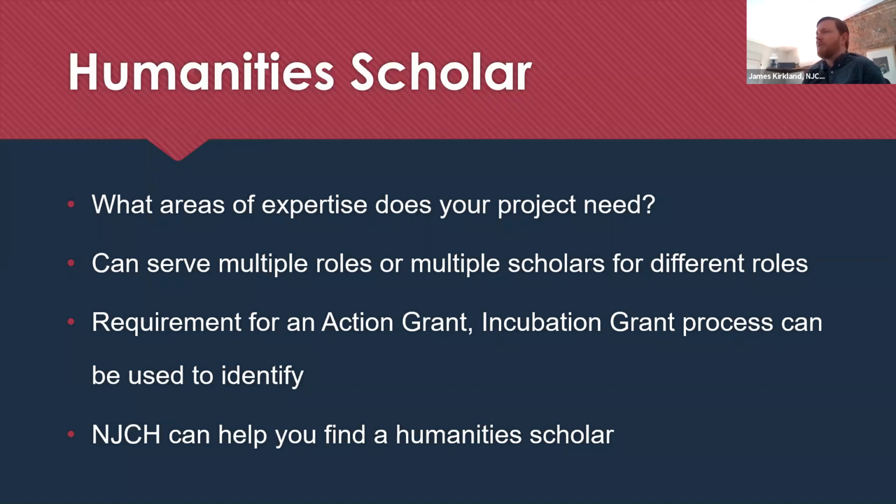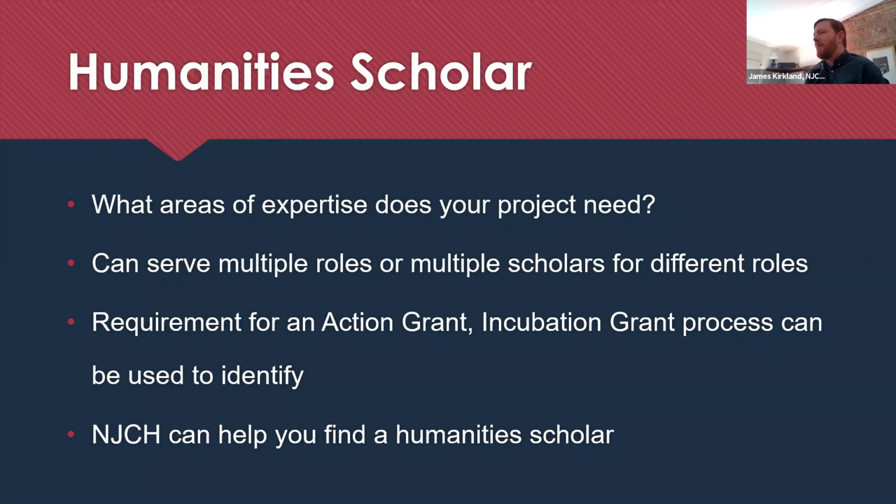Now, in terms of a requirement, this is absolutely a requirement for an action grant. If you do not have a humanities scholar for an action grant, it's not going to be a competitive project. However, an incubation grant process can be used to identify a humanities scholar, and the questions are worded a little bit differently in the two applications.